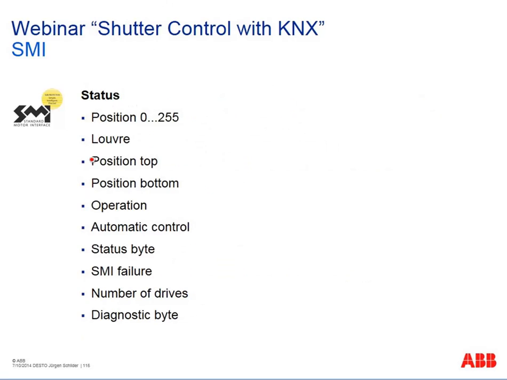Plus the advantage of our SMI actuator: the position exactly about 2 degrees per step, the position of the Louvre. For example, we get information how many devices are connected to our SMI, diagnostic byte, and so on. Some more information we get via the SMI technology.